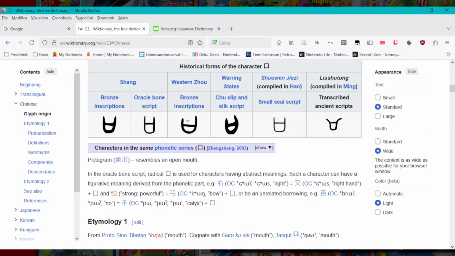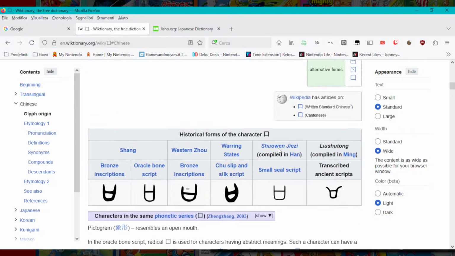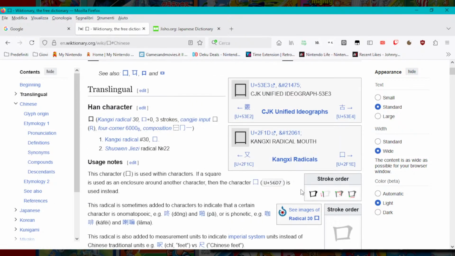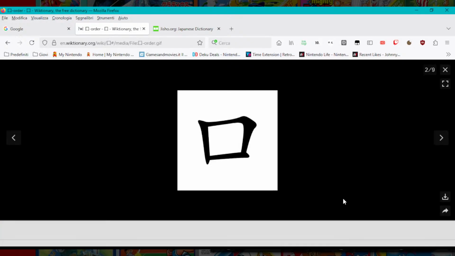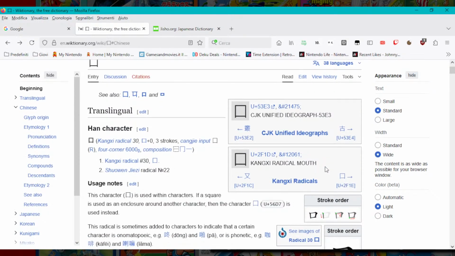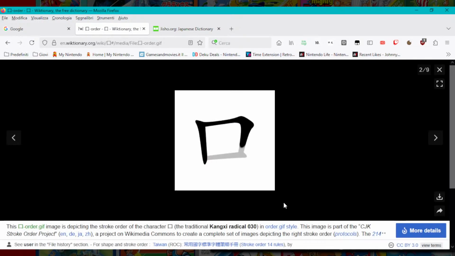First and foremost, we start from the pictogram that resembles an open mouth, and it's simply a square. Let's see if I can open the other one. No, I have to open this one.